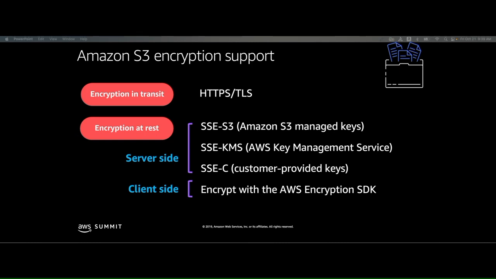And this uses one of the strongest block ciphers available. It uses 256-bit Advanced Encryption Standard, or AES-256, to encrypt the data, right? And 256 is basically the length of the key that is used. It has 256 bits.